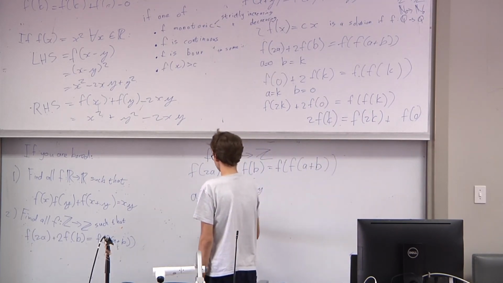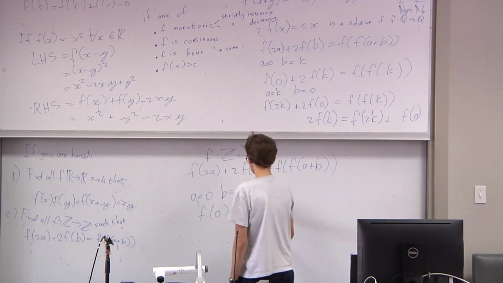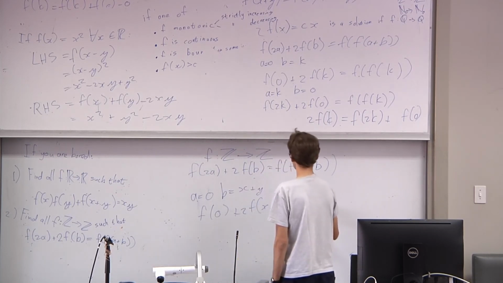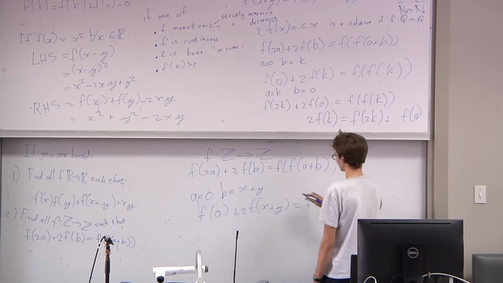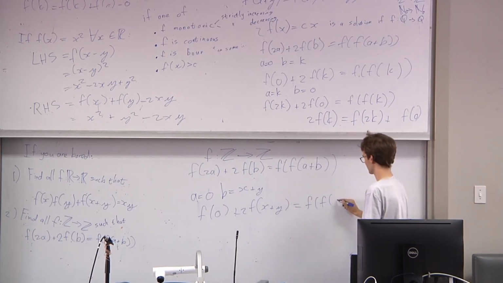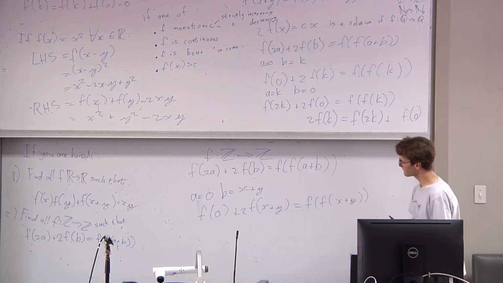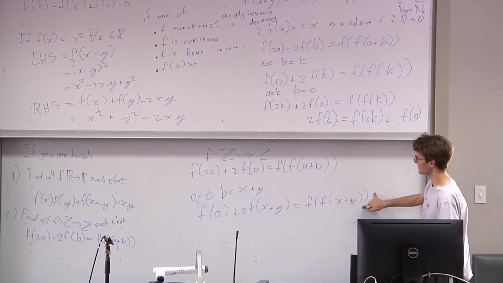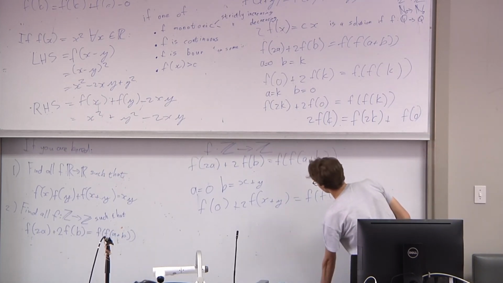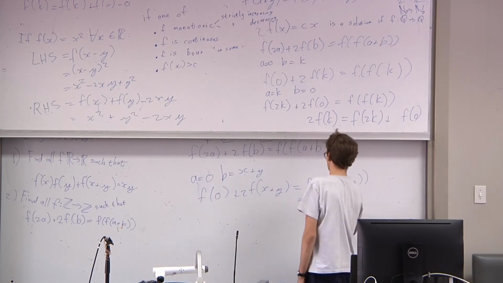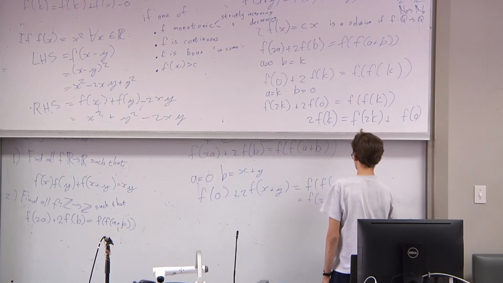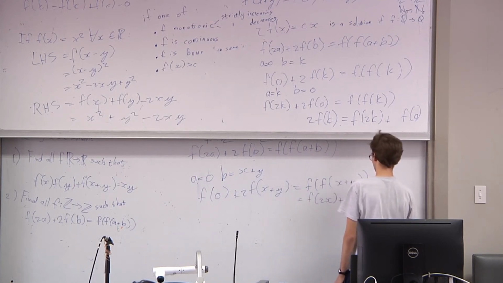Okay, so you get f of 0 plus 2 f of x plus y is equal to f of 0 plus x plus y, which is x plus y. Okay, but we know that this is equal to f of 2x plus 2 f of y.